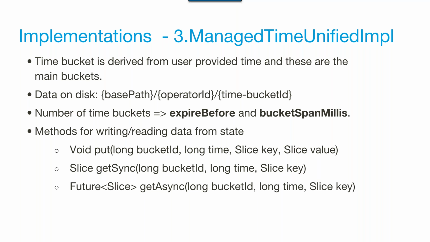So the data is written on disk in the format of base path, and since there are no key buckets, it saves into the operator ID / the time bucket ID. As I said in the previous slide, the number of time buckets is calculated from the expiry before and expiry span milliseconds configuration parameters. Here there is no key bucket. Below are the methods for writing and reading data from this state.